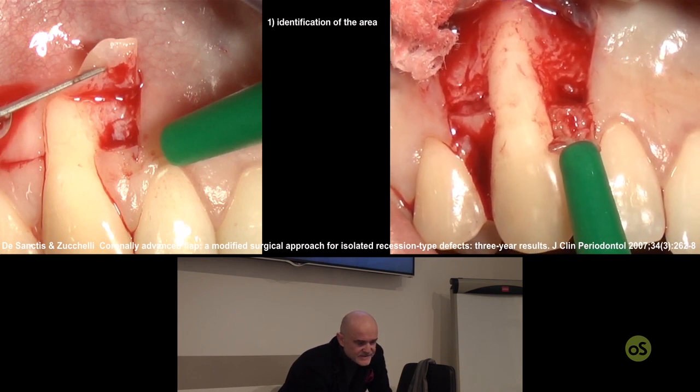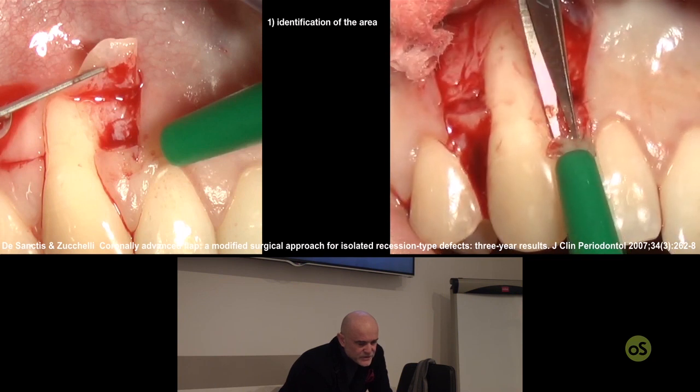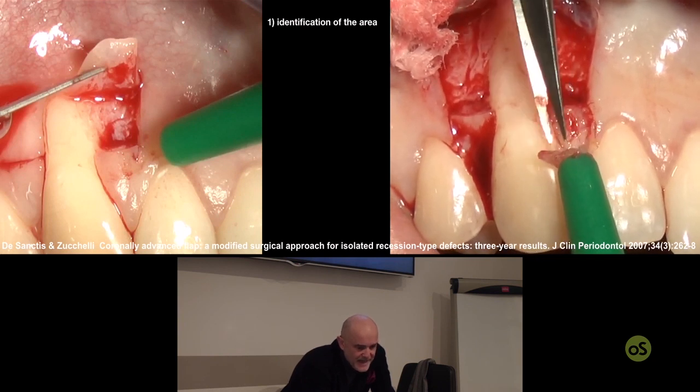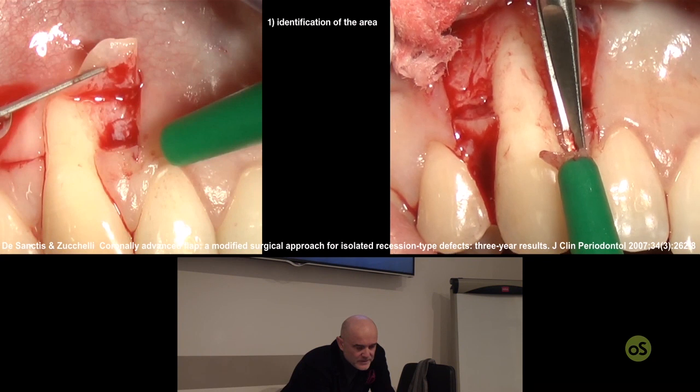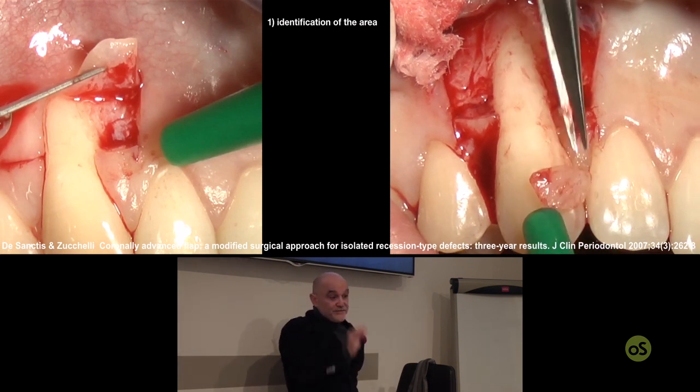So I can change the instruments, and I use the microsurgical scissors, which is very, very small in tip, that can be applied on the connective tissue surface, which was previously prepared with my blade. And now I can continue this cut until the most coronal tip of the papilla, even if very, very small, very, very triangular, is reached.